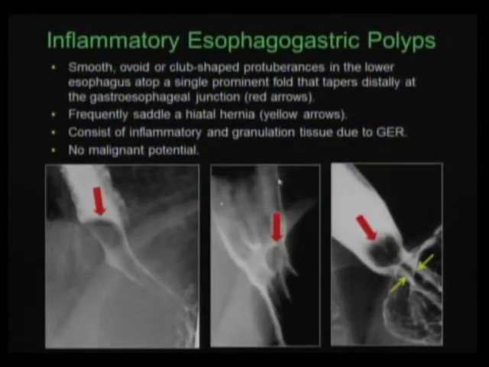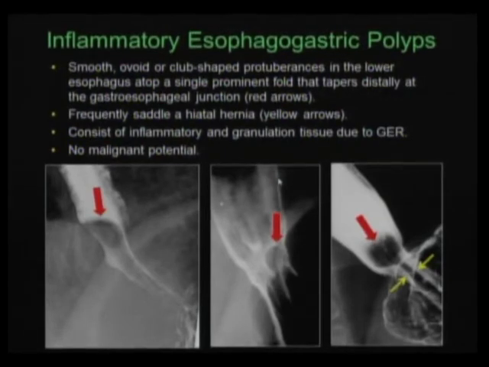The other abnormal finding that could be associated with reflux esophagitis is called inflammatory esophagogastric polyp. Okay, maybe this is the best picture. This is a smooth, ovoid, or club-shaped protuberance in the lower esophagus that continues with a fold that goes into the stomach.